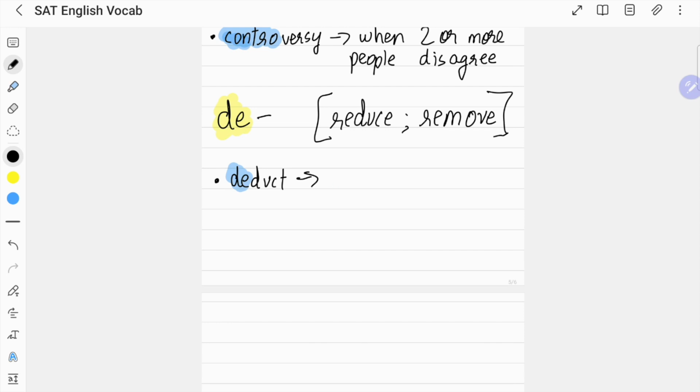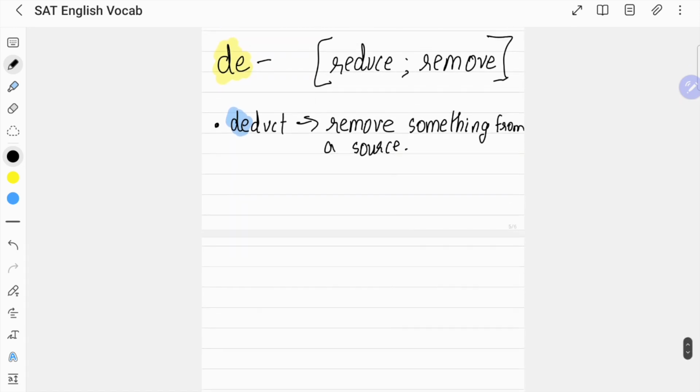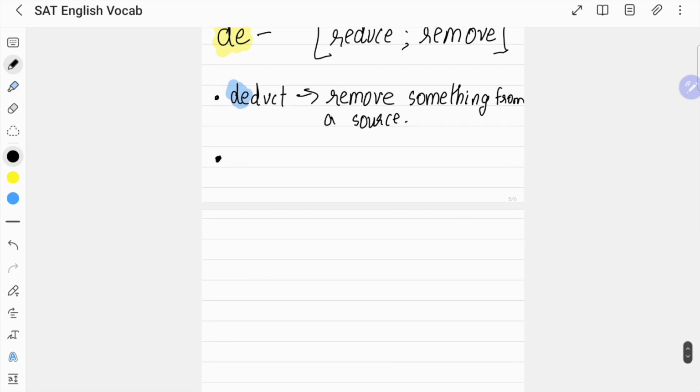So remove something from a source. Here the source of money would be the ATM. We can use, let's say you're driving a car and you see a speed breaker and you're driving maybe 120 kilometers an hour. So you deaccelerate. You don't stop, you deaccelerate.